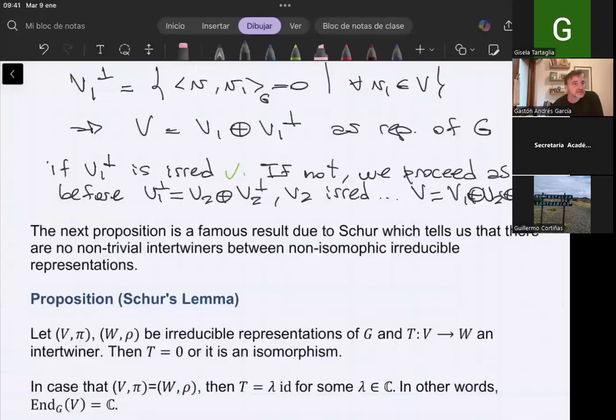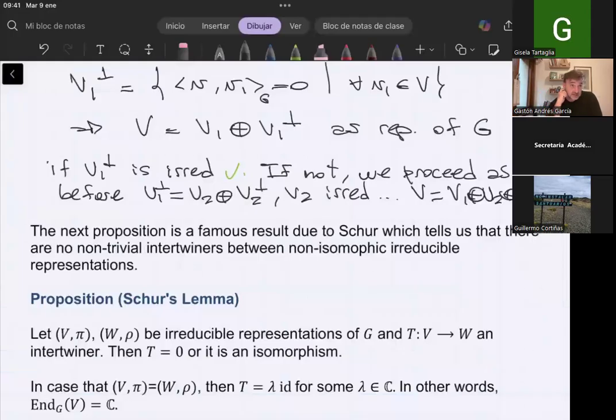So Willie is asking whether I need to prove that it's completely reducible. If I have a sub-representation, I need a complement that is also a representation.